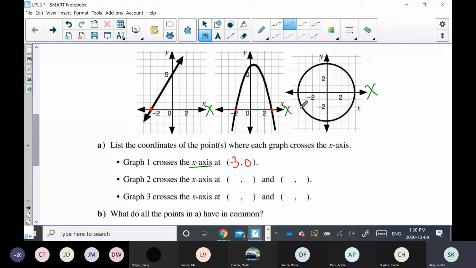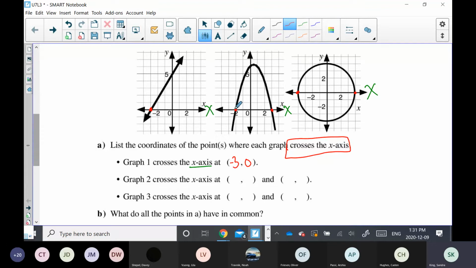And this is graph 3, and it has 2 different coordinates that it wants you to figure out, here and here. So what are the ordered pairs that represent those x-intercepts? Okay, you could check your work with mine.